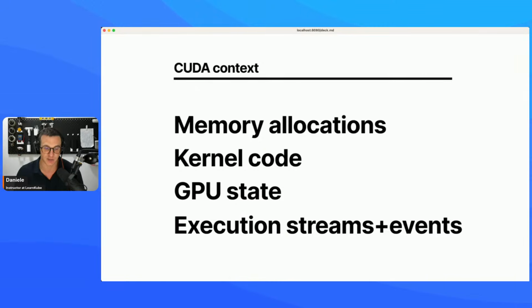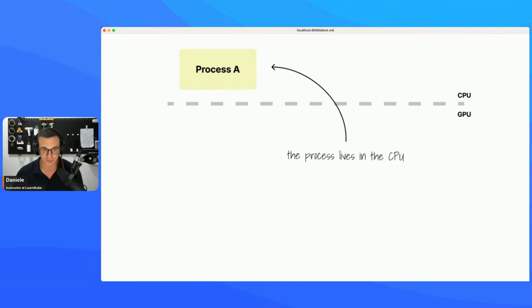And a CUDA context is basically just a way to describe that there is a program inside the CPU which is going to use the GPU, and it needs some data to be allocated. There are some operations that need to be executed, and there is some GPU state to keep track of. So this is usually what we call a context when we deal with GPUs.